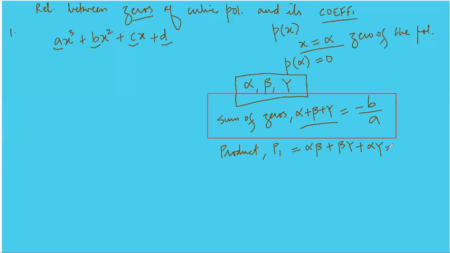This is equal to, again maths follows a pattern. How will you remember? Here it is minus, it will be plus. After B comes C, C by A. So product P1 of the zeros taken two at a time, alpha beta plus beta gamma plus gamma alpha, is equal to c by a. I'm going to again encircle it.